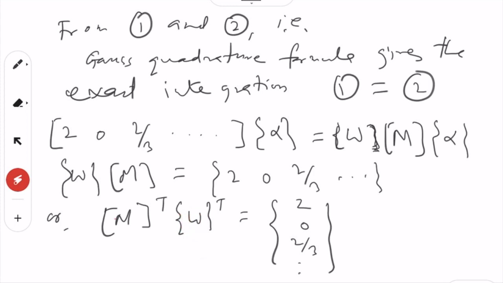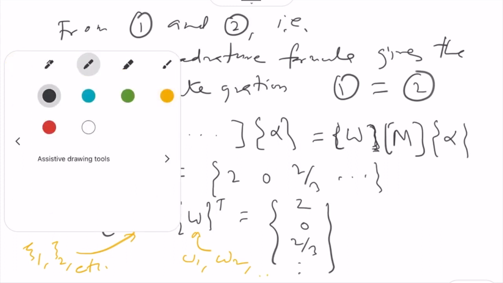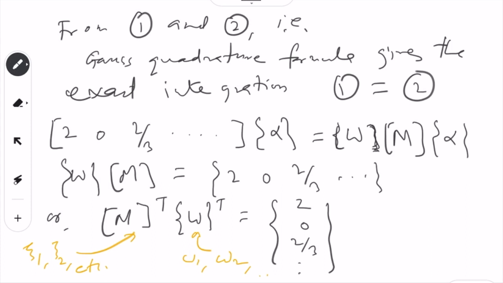M has xi 1, xi 2, xi 3 values, and W has W1, W2, W3. This gives you an idea of how to calculate the exact values of xi 1, xi 2 and W1, W2.